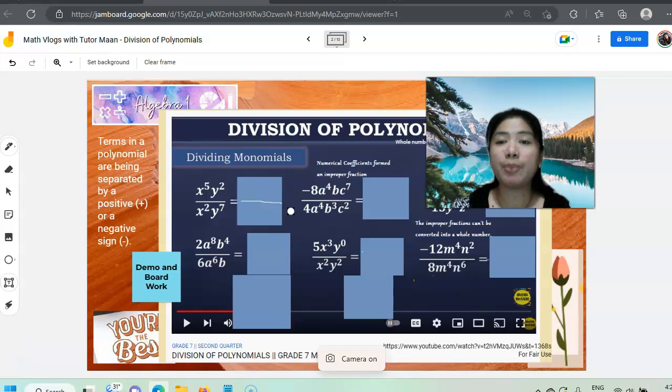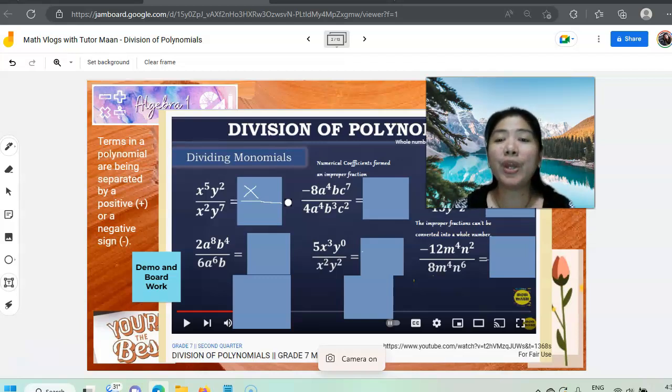Again, the exponent for x that is bigger is in the numerator. So we are going to write the variable x in the numerator because 5, the exponent of x, which is bigger, is in the numerator.